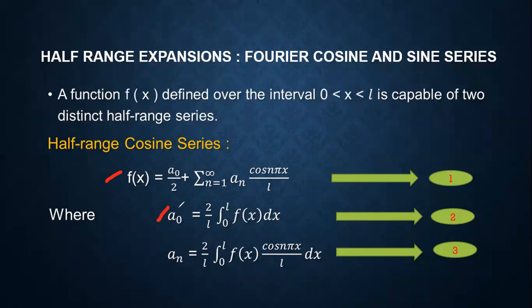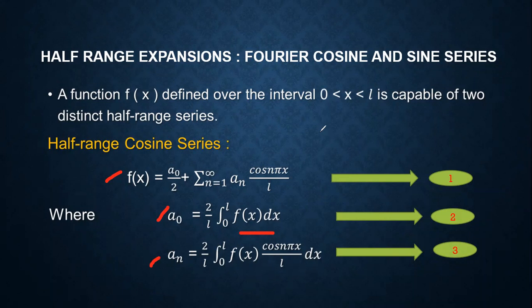Where a naught is equal to 2 by l integral 0 to l f of x dx, and similarly an is equal to 2 by l integral 0 to l f of x cos n pi x by l dx.